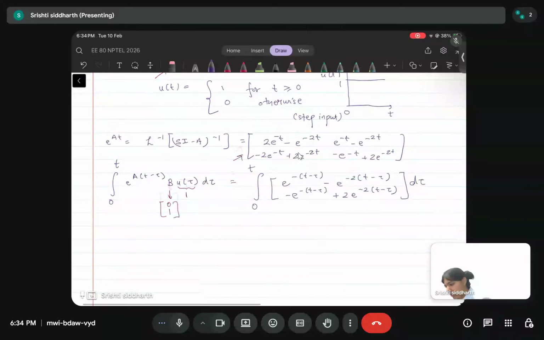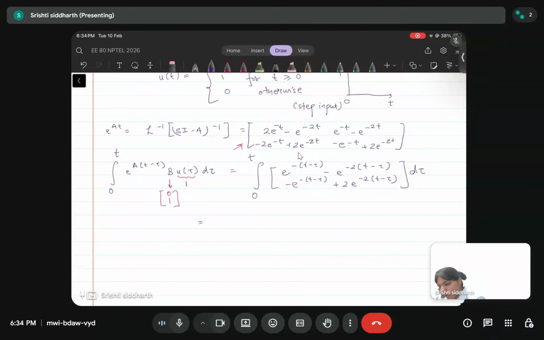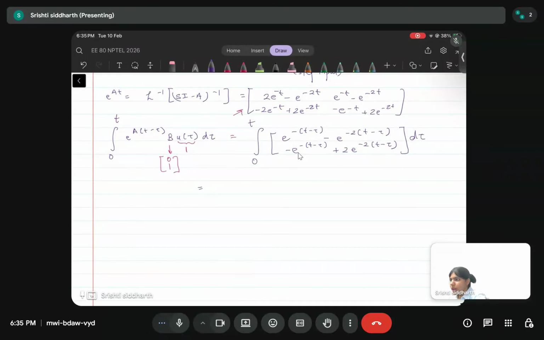Okay, so this is easier to integrate because these are integrations of exponential functions. So I write down the solution directly. This is half e to the power minus t. To verify, let's check the integral.